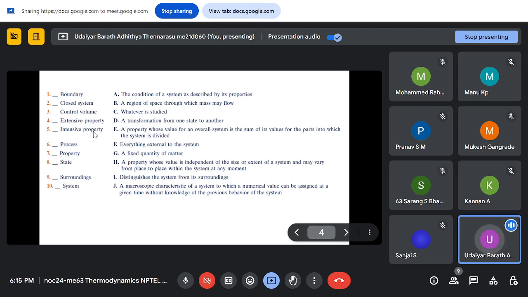What we take as the intensive property, say temperature or pressure or density, is the average value of the system. But inside the system, there may be some change. It will not be very much, but there will be some change. So intensive property is option H.